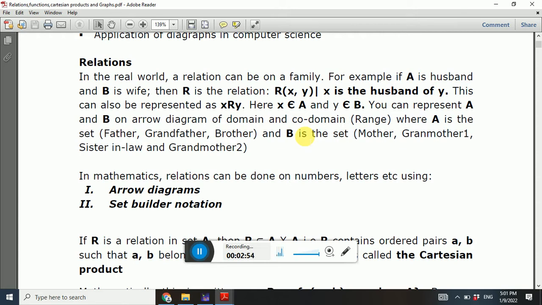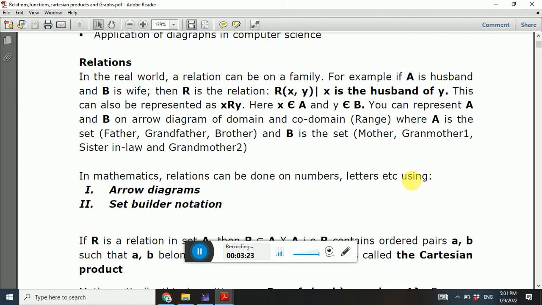Okay, so just like that real life example, in mathematics we can also have relationships, which we shall simply call relations. And these relationships are on numbers or letters or different sets, but not on people, as in the example I've given you.